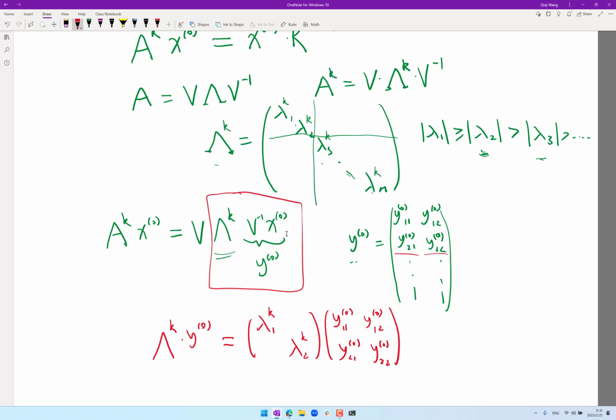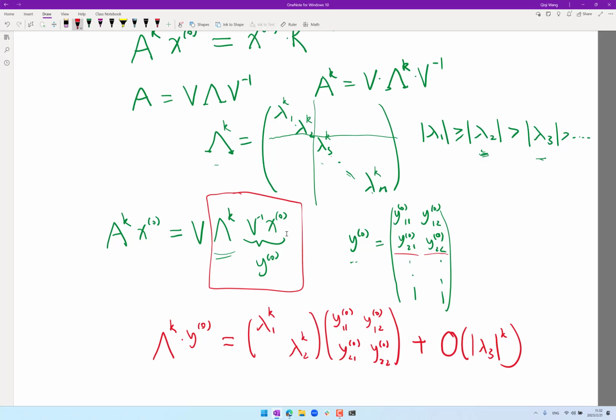Right? And then the remaining part, we can just write it as O of lambda 3 to the kth power, because these are all the entries that are multiplied with lambda 3 to the kth power, lambda 4 to the kth power, etc. Right?